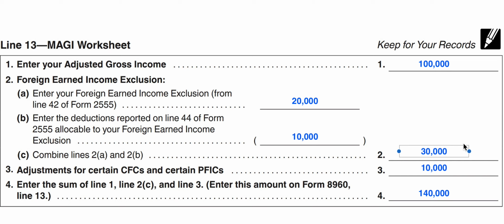So if you don't own, either directly or indirectly, any interest in CFCs or PFICs, and you don't exclude any foreign earned income on IRS Form 2555, you can simply enter your AGI from your Form 1040 or your Form 1040-SR on line 13.